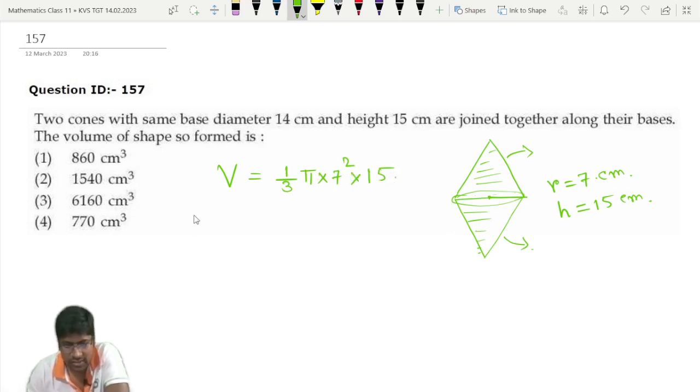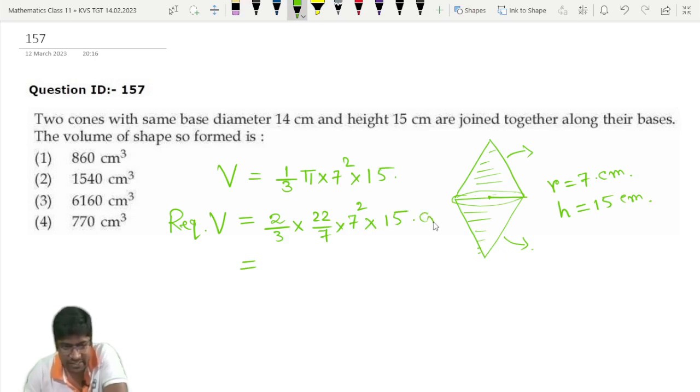So therefore the required volume will be 2 into 1 by 3 into pi, we will write 22 by 7, and 7 square into 15, that is cubic centimeter. So 7 and 7 will be cancelled. So 3 5 15. So what we will get? 44 into 35.